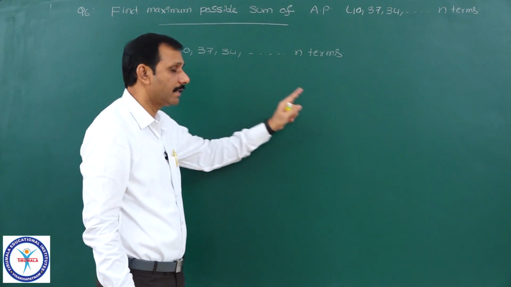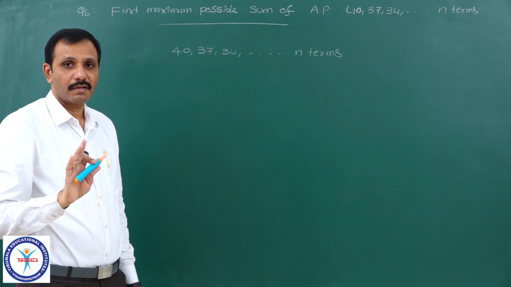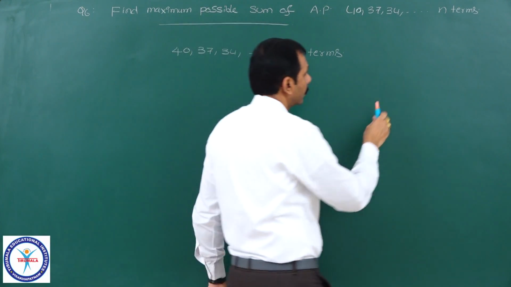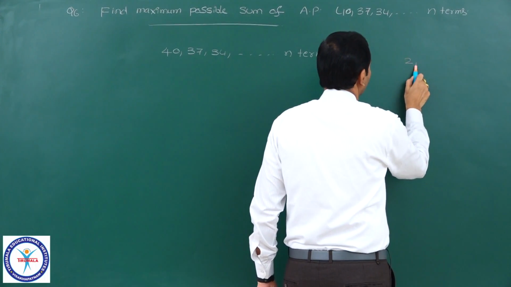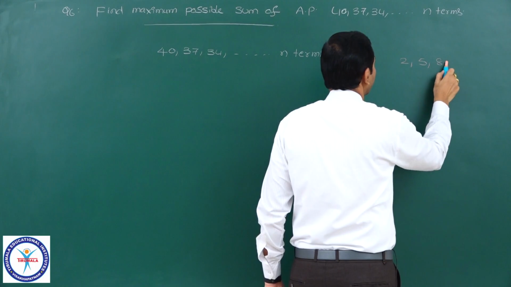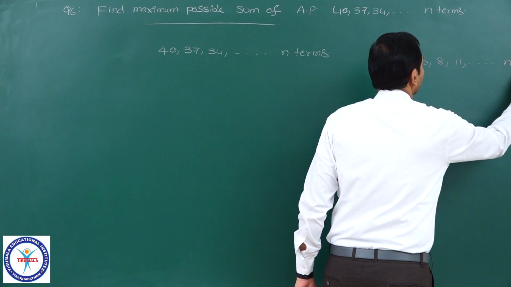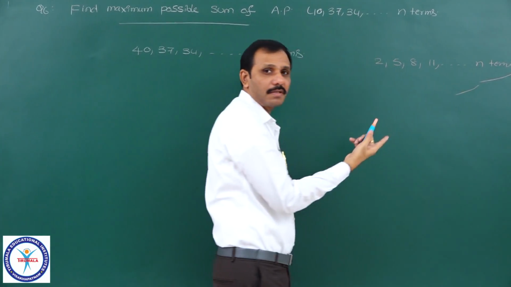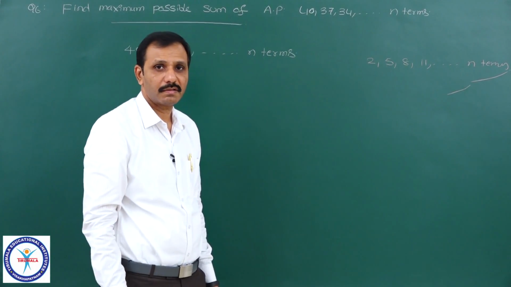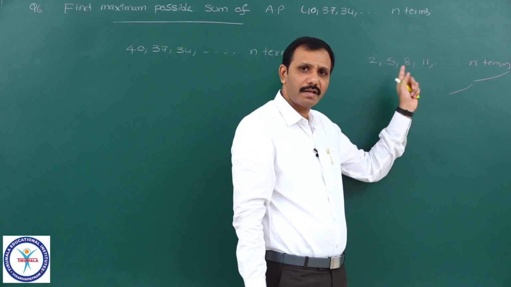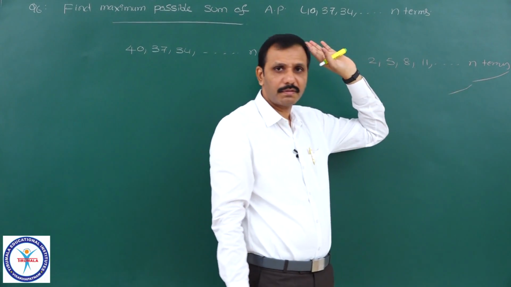It is a decreasing sequence. Look here, suppose if they have given 2, 5, 8, 11, and so on n terms, maximum possible sum means meaningless there. It is increasing and increasing tends to infinity.